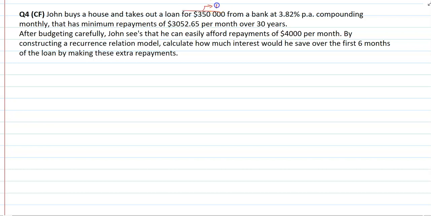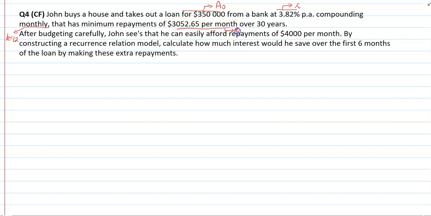So our loan amount, or A0, is $350,000. Our I is 3.82. It's compounding monthly, so that means our K value is 12. Minimum repayments, it's like a 2-part scenario of this question.